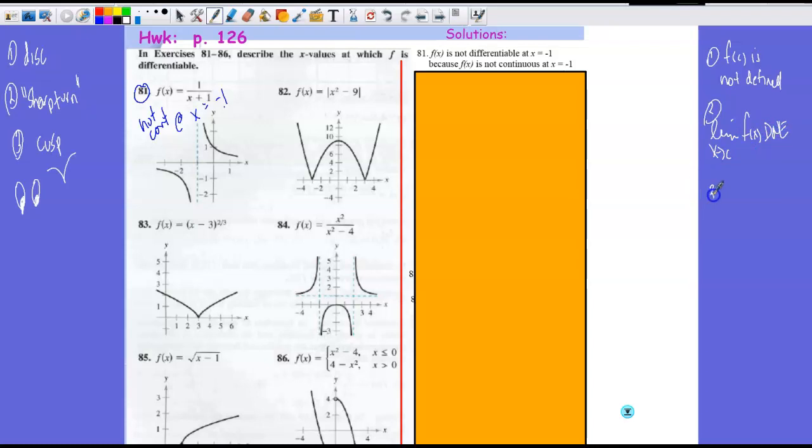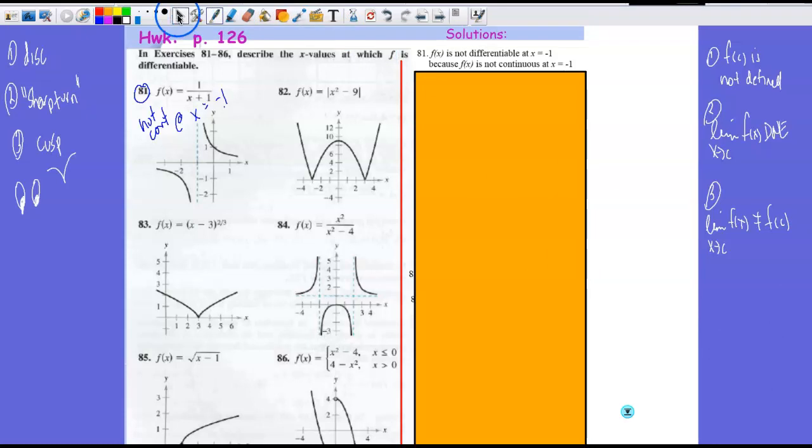And the third reason is a combination of the two. Maybe there is a y value, maybe there is a limit, but the limit as x approaches c of f of x does not equal f of c. In other words, the limit does not equal the y value.